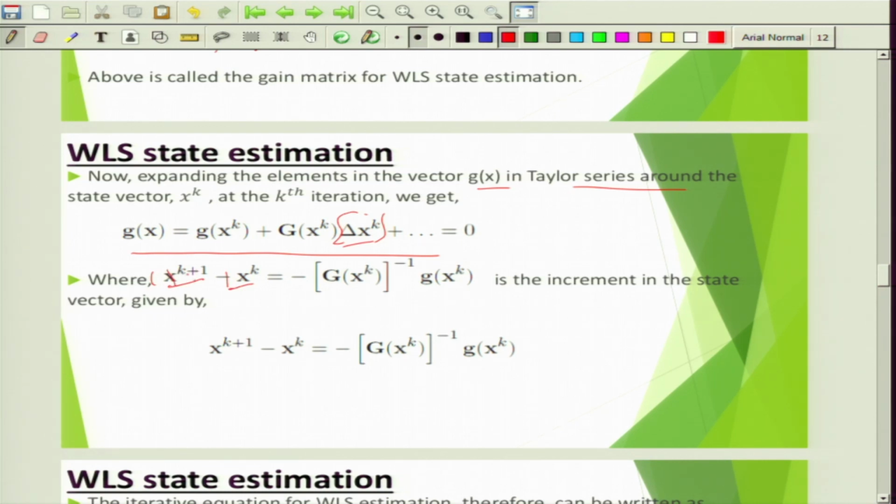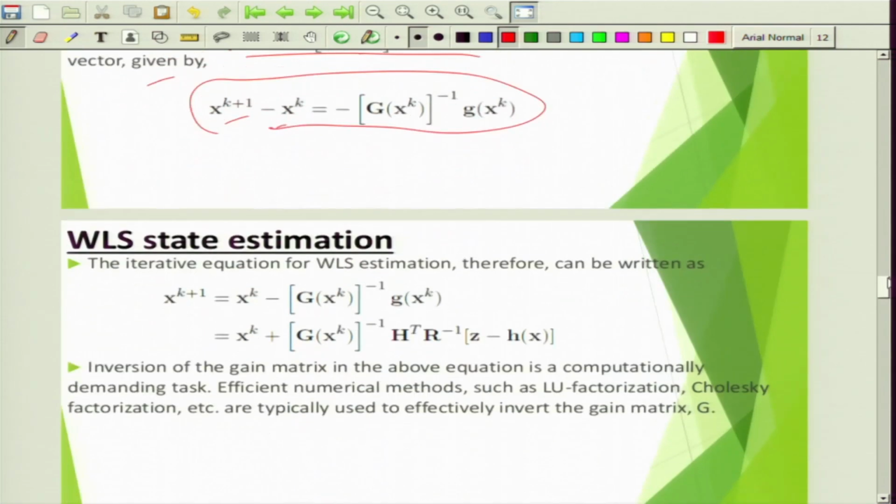So it keeps on updating, at k plus 1 the state estimation difference with the k state estimation, that is nothing but minus of G(x_k) inverse into g(x_k), because this is 0, right. So this is the increment in the state vector, x of k plus 1 minus x of k is nothing but minus G(x_k) whole inverse into g(x_k).